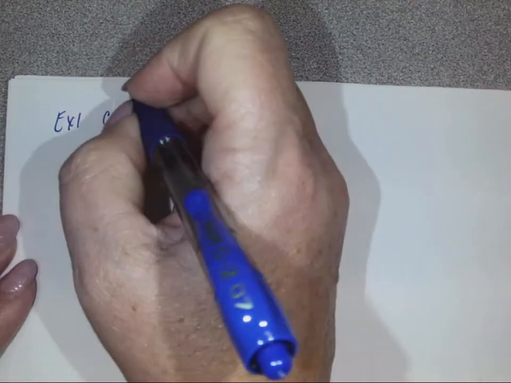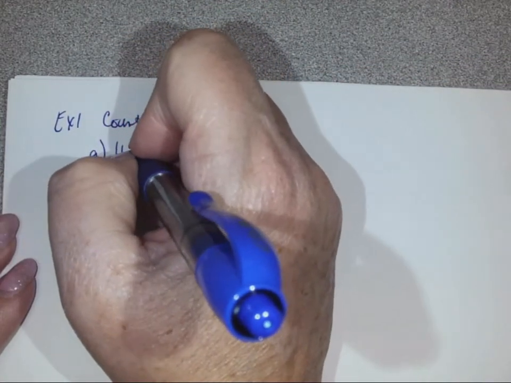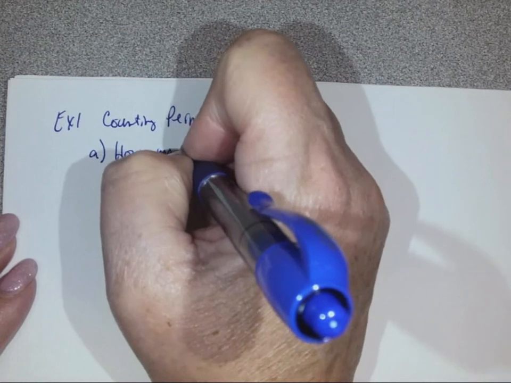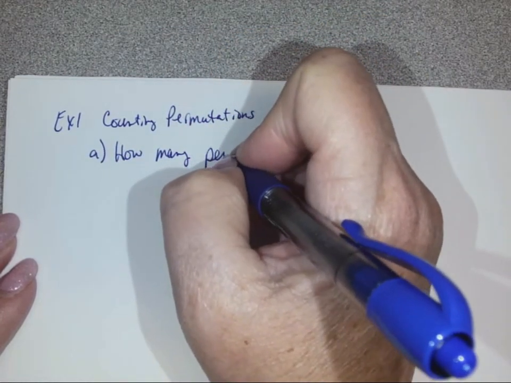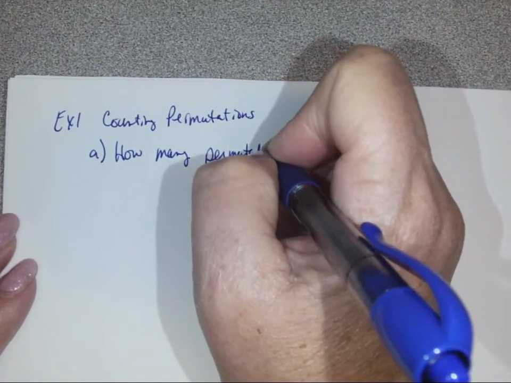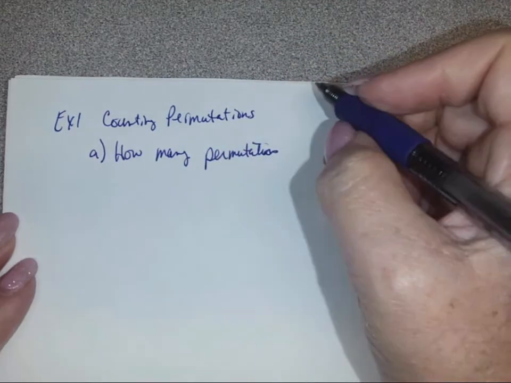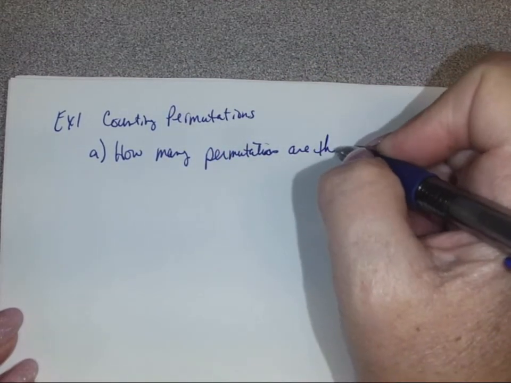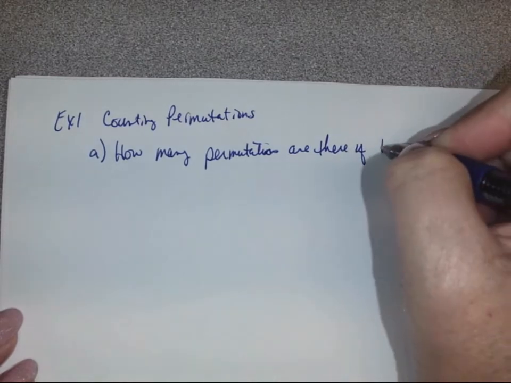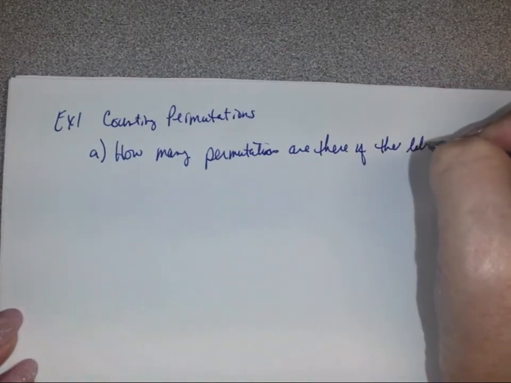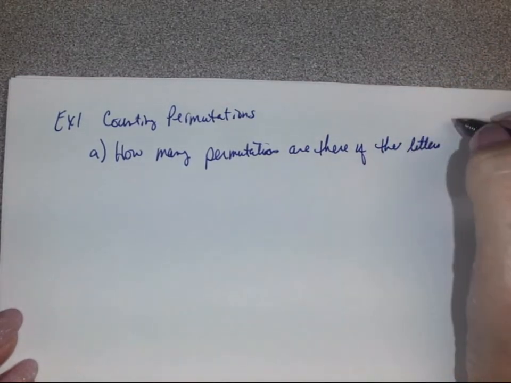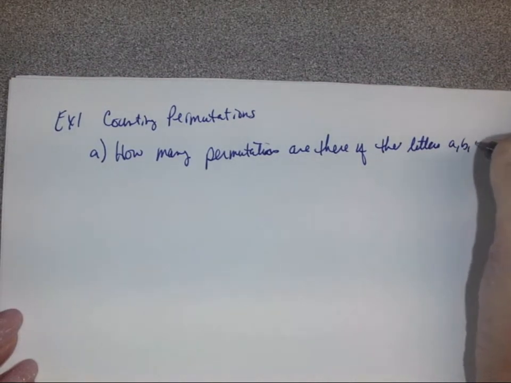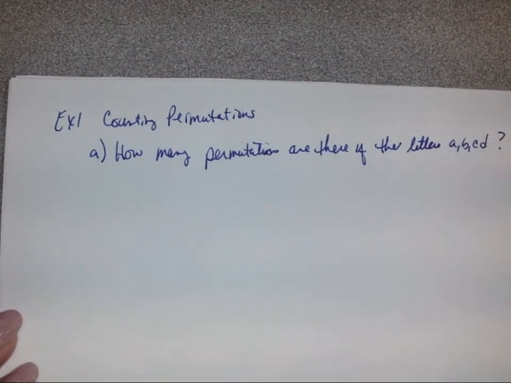For part A, we want to know how many permutations are there of the letters A, B, C, and D.